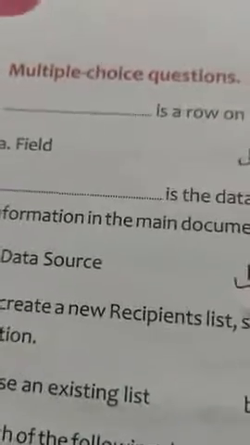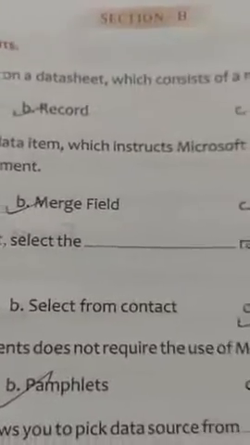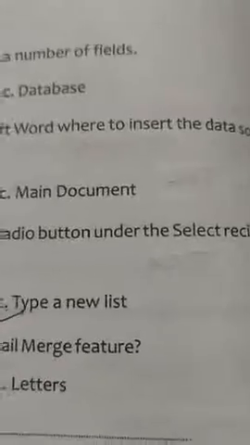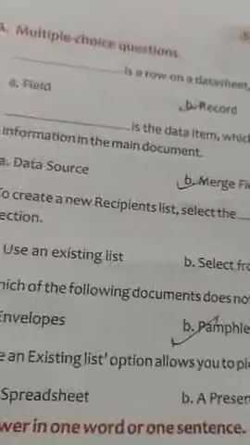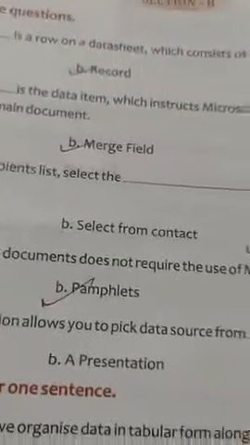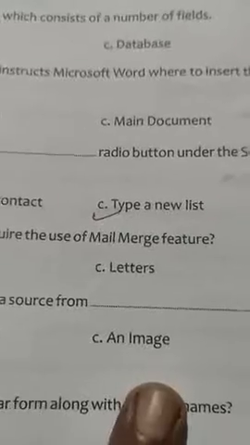Second, the dash is the data item which can instruct Microsoft Word where to insert the data source. Answer is merge field. Third, to create a new recipients list, select the dash radio button. Answer, type a new list.